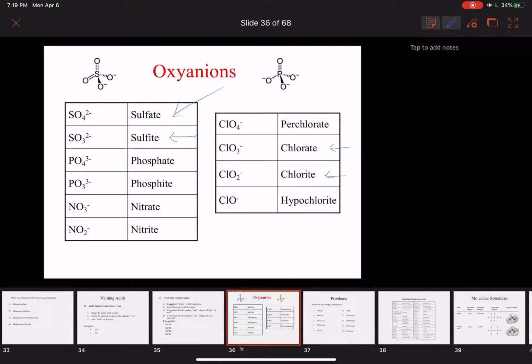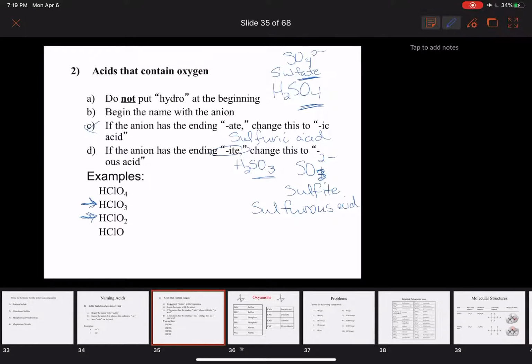And what happens when those anions are in an acid? How do we name them? Well, the first one, we change chlorate to ic, and we slap acid on the end. So we have chloric acid.